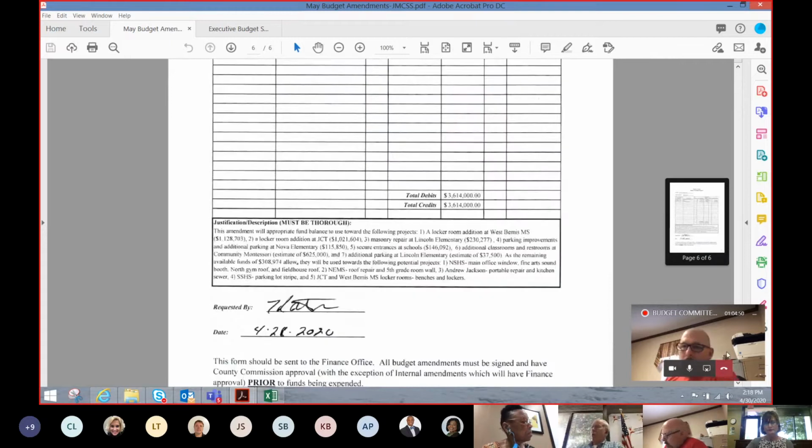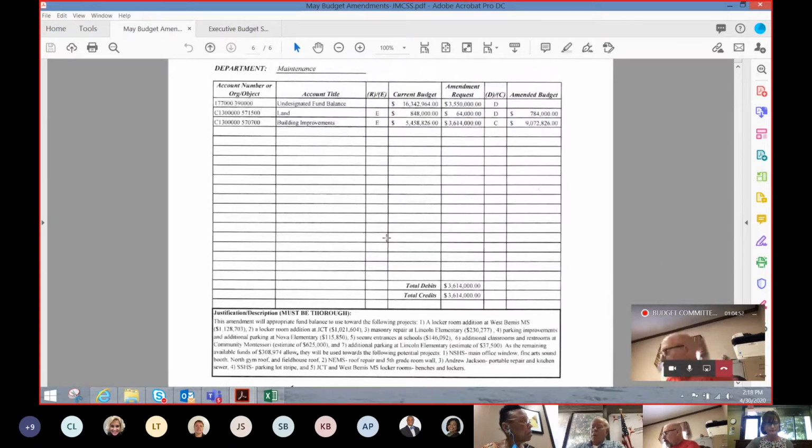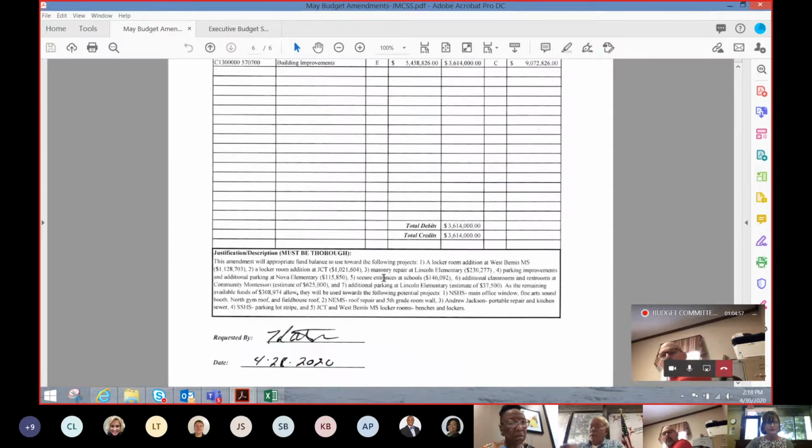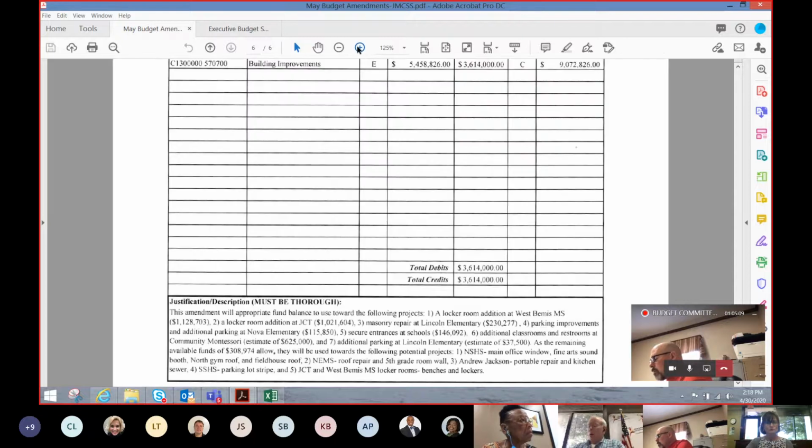So I'm going to move over to the actual budget amendment. You can see at the bottom of the amendment the detail as to what those funds will be spent on. Questions for Holly?